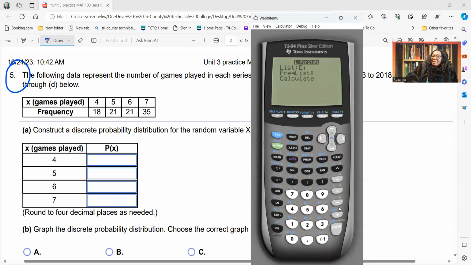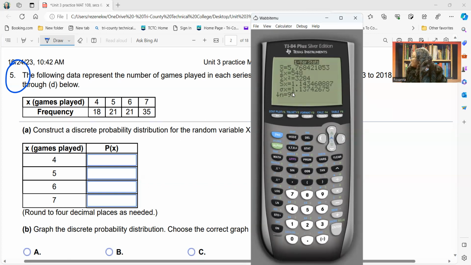I better tell my calculator that I'm doing grouped data where the random variable is in L1 and frequency is in L2. You better know you have to do that. And when I calculate, it tells me that the sum of all the frequencies is 95. I know I can do it by myself, but any small mistake will throw you off.